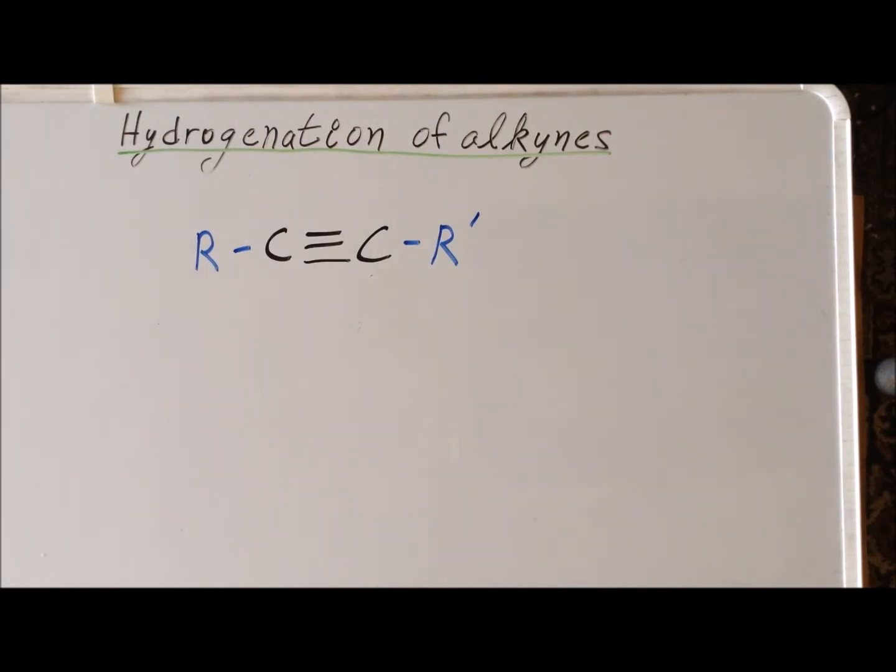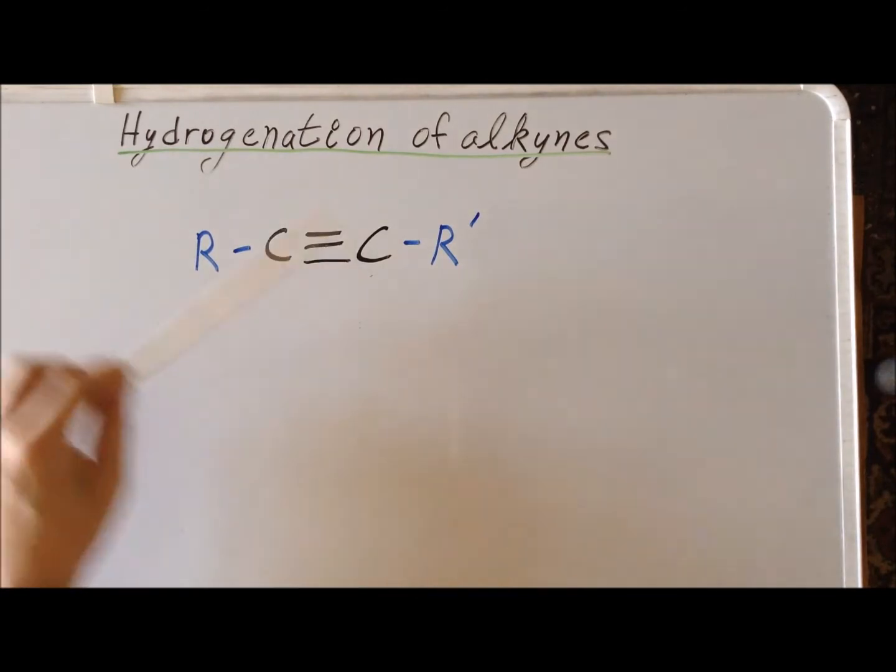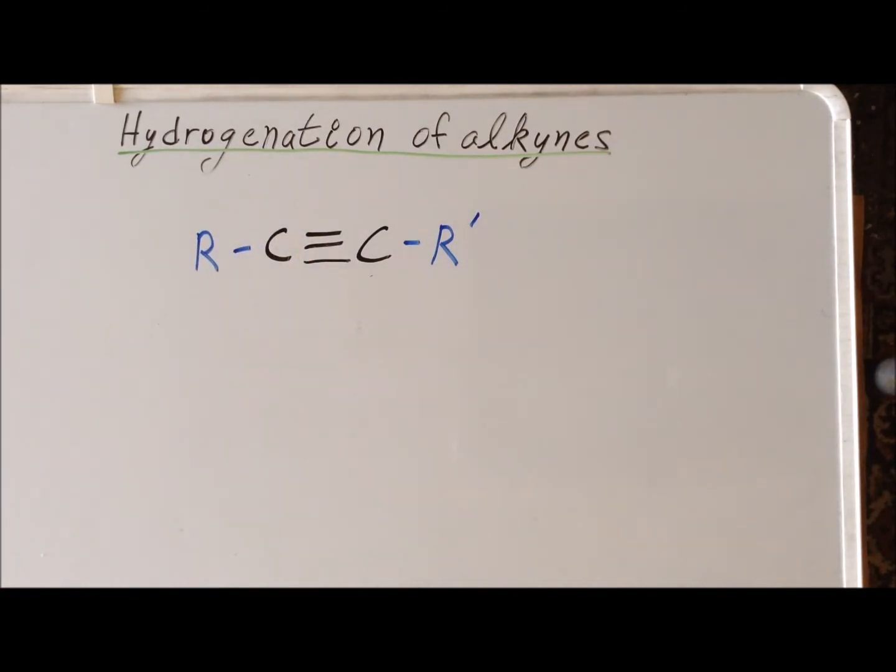Now suppose that again we hydrogenate our alkyne, and the rate limiting step in every case will be the breaking of the hydrogen-hydrogen bond into hydrogen atoms, which are hydrogen free radicals, which are electrophilic and attack the electron-rich cylinder of charge around the carbon-carbon triple bond.